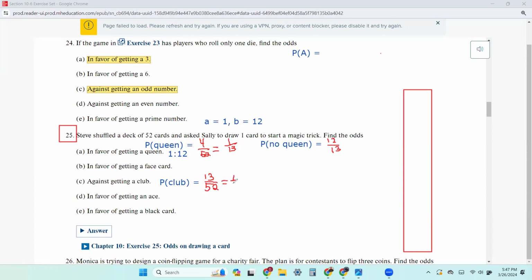And that simplifies down to 1/4. You always want to work with these simplified fractions and simplify the fractions of the probabilities before you build the odds.